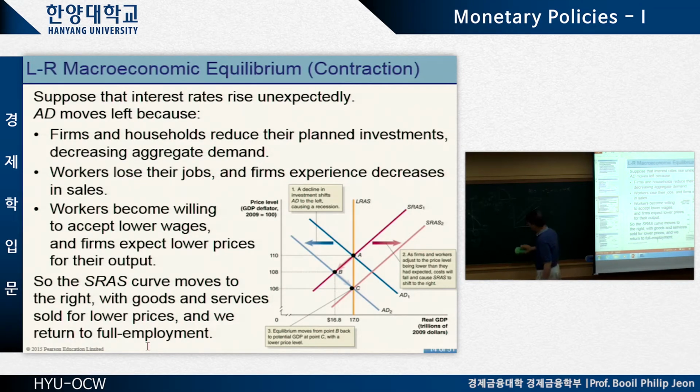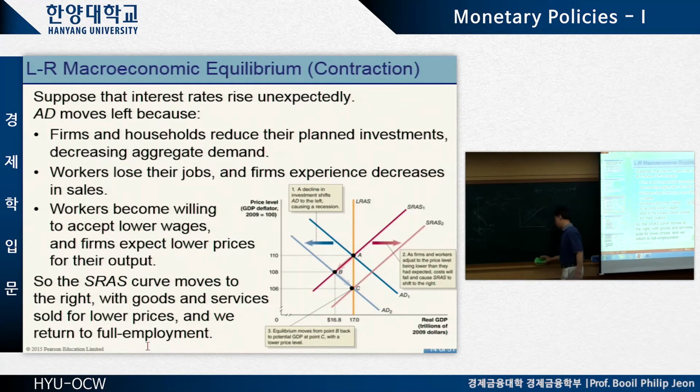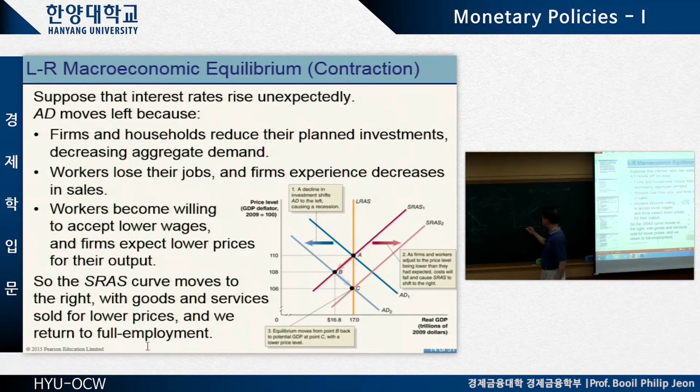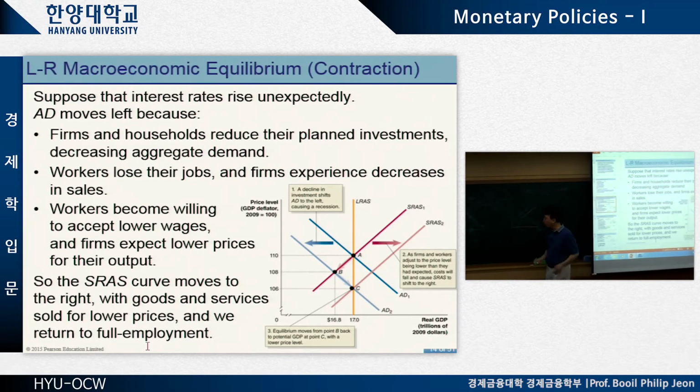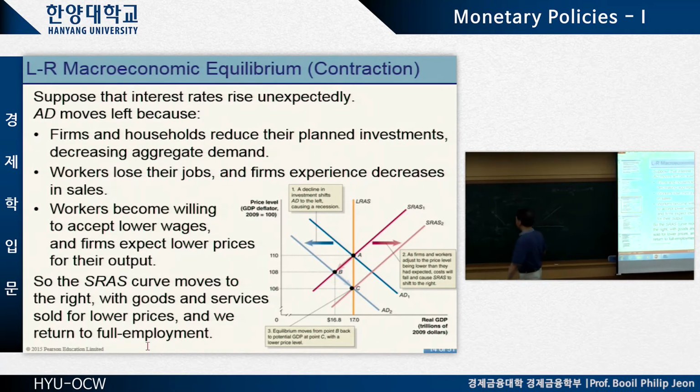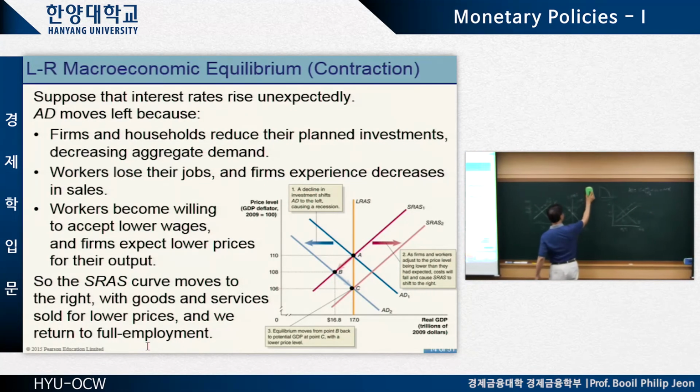So when the interest rate goes up, the money borrowed will decrease, and that means the investment will be lower. And as a result, aggregate demand will shift to the left. So let me erase this now.